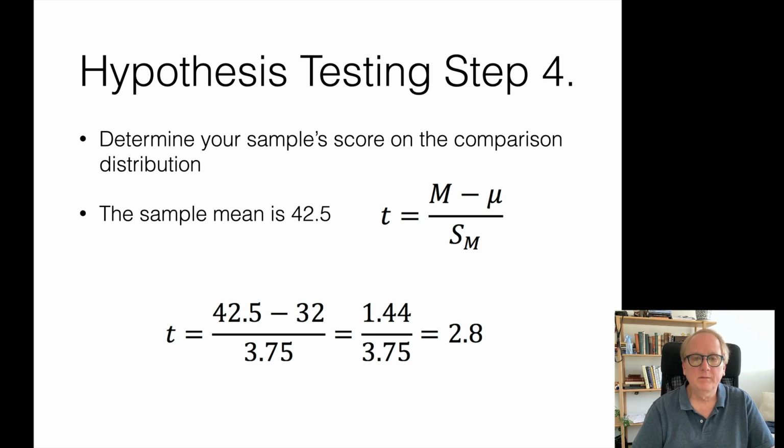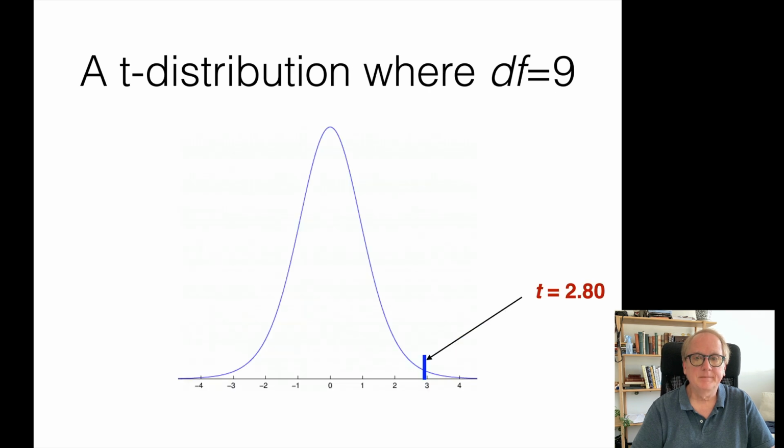So 42.5 minus 32 is 1.44. And then in the denominator, I have my SM, my estimate of the standard error, and that's 3.75. That's something I computed earlier. So I get 1.44 over 3.75, and my t comes out to be 2.8.